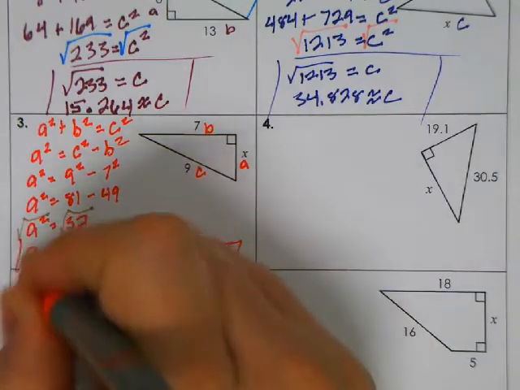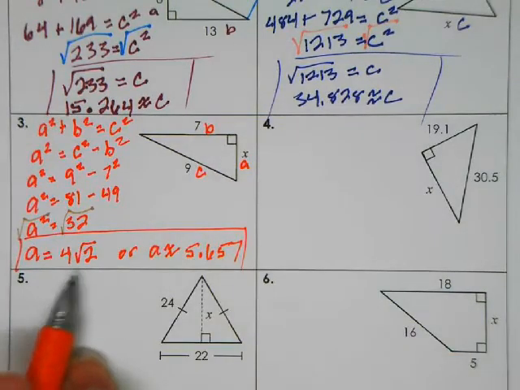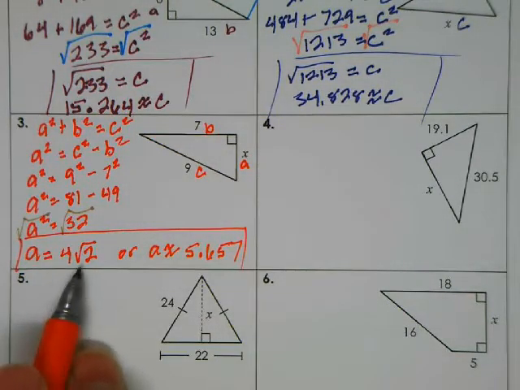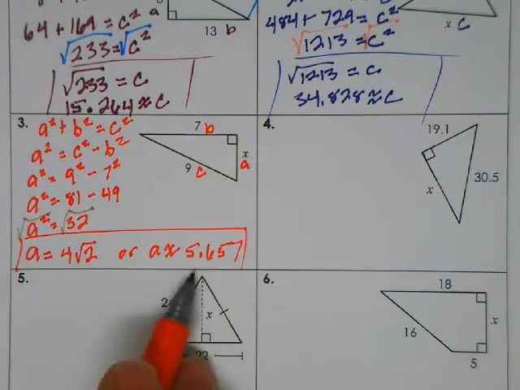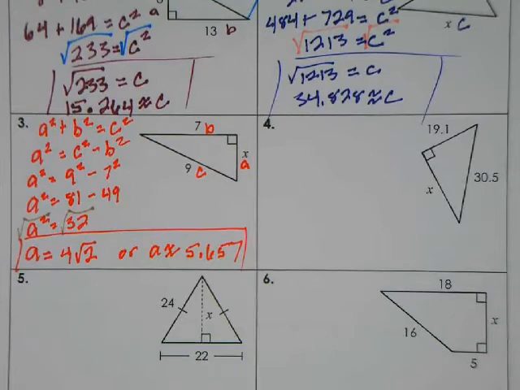So these are going to be the types of solutions that we would be expecting you to provide: an exact answer left in radical form or a rounded approximate answer, depending on the instructions that you're given.